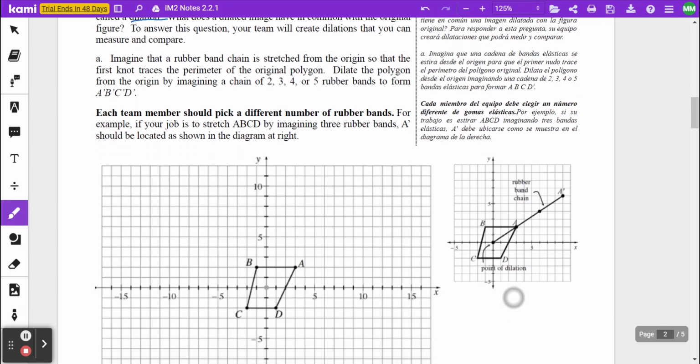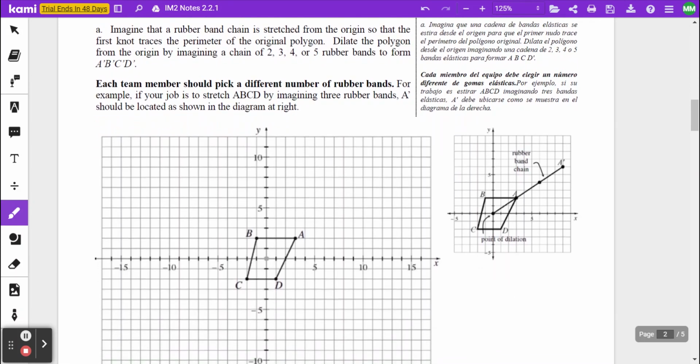So part A, we're asked to imagine that a rubber band chain is being stretched from the origin, so from right here, so that the first knot traces the perimeter of the original polygon. And then dilate the polygon from the origin by imagining a chain of 2, 3, 4, or 5 rubber bands to form the image A prime, B prime, C prime, D prime.